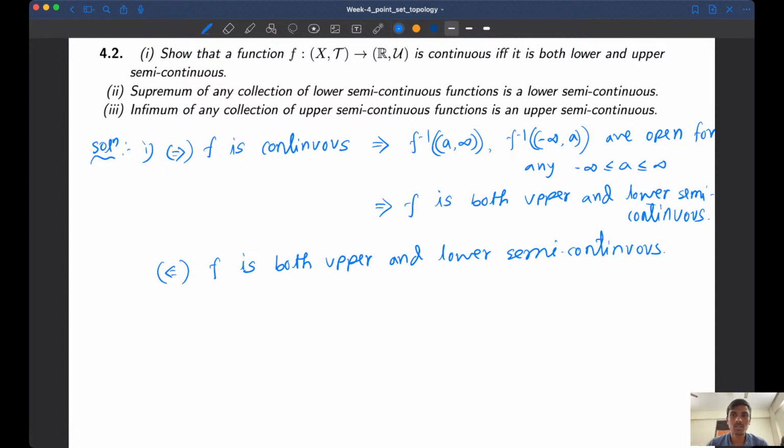Again I have to prove that the inverse image of any open set is open, right?